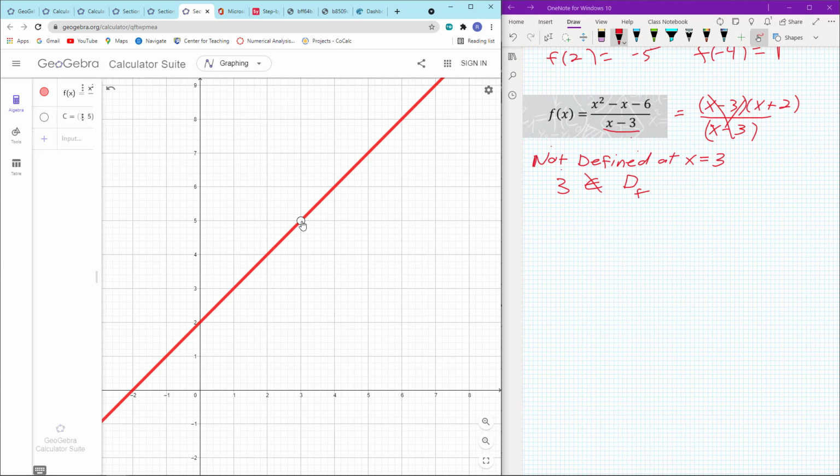That point will not be on the graph, so this right here would be the graph of the function: the entire line y = x + 2, with the exception of the point (3, 5). And that is all I have for this particular section.